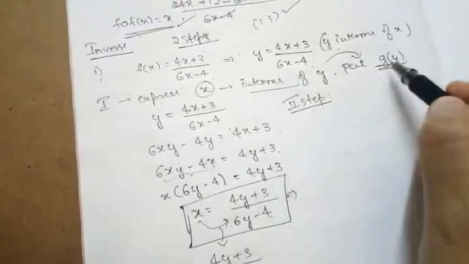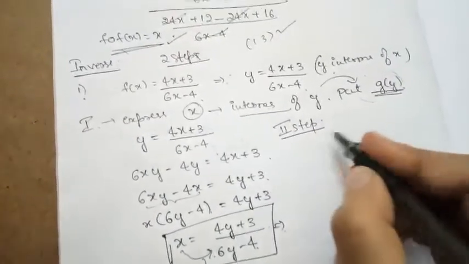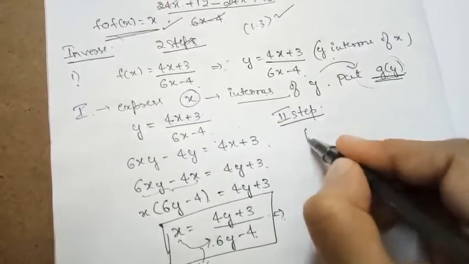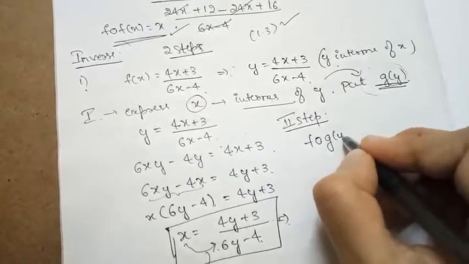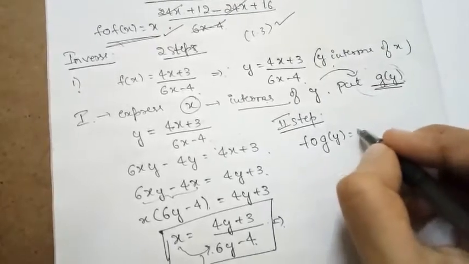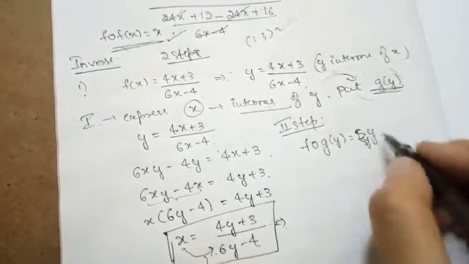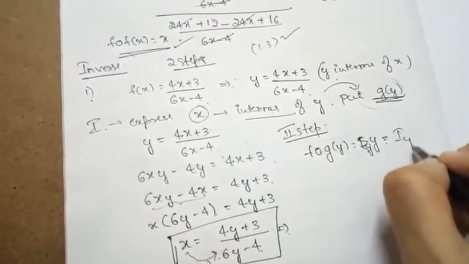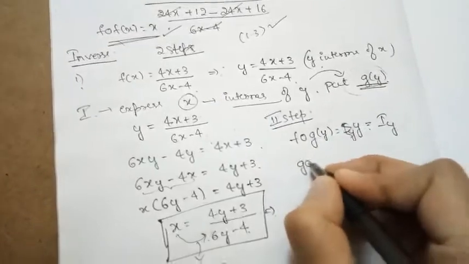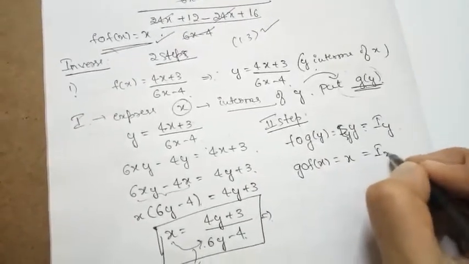Second step: after expressing x in terms of y as g of y, we need to prove that f of g of y is equal to iy, or f of g of y is equal to y. Since we are getting the same thing, g of f of x is equal to x, which is also equal to ix.